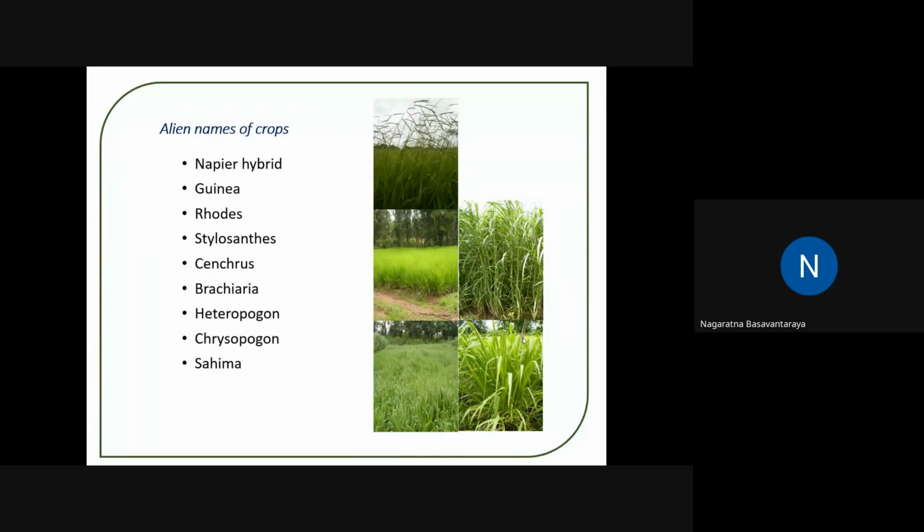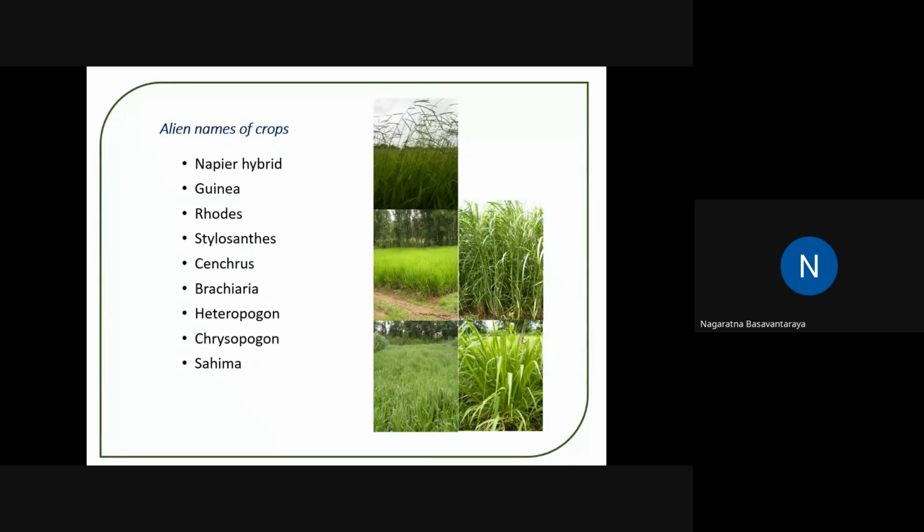Another issue with the fodder crops is the name of the crop itself. They don't actually match the traditional names of the crops, for example jowar or wheat. The farmers are very well versed with the names of these crops. But when it comes to the fodder crops, the names are so different. They appear more like an English kind.